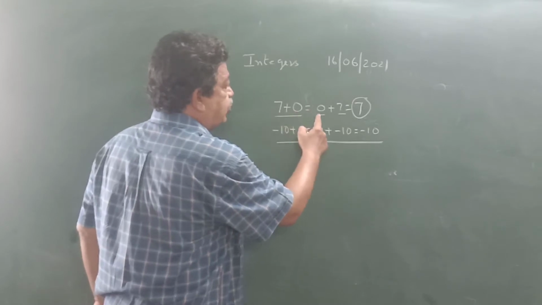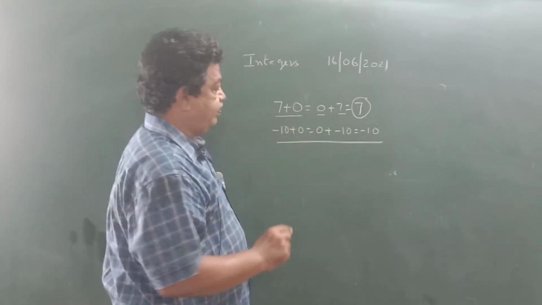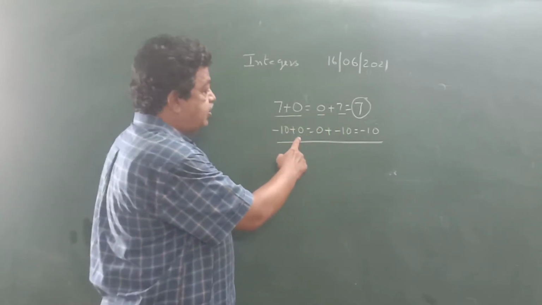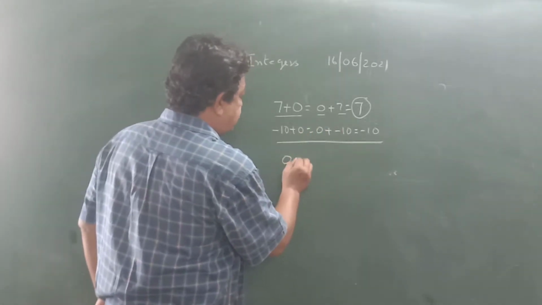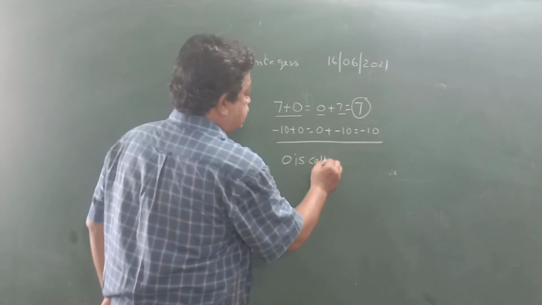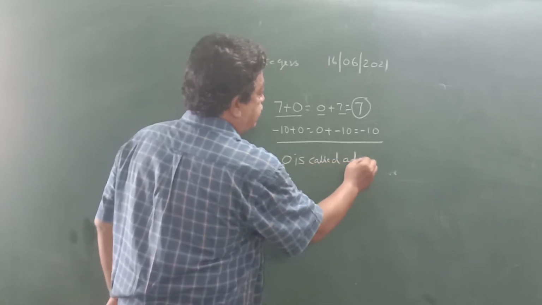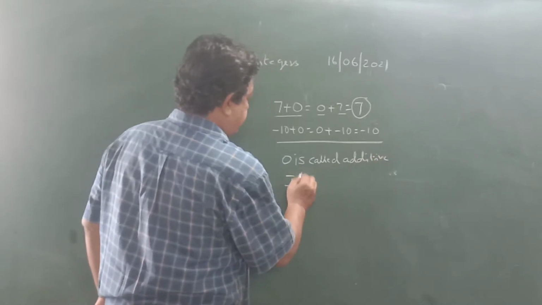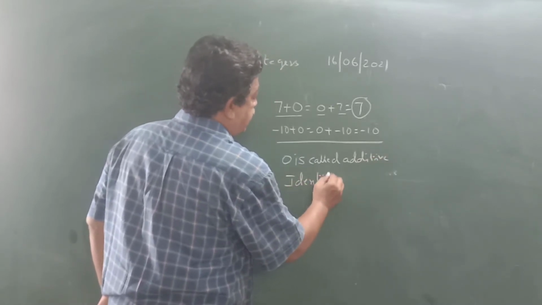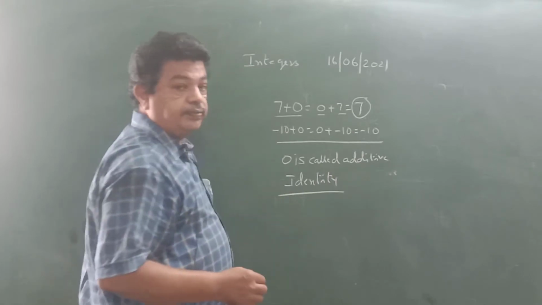Here 7 plus 0 equal to 0 plus 7 equal to 7. Here minus 10 plus 0 equal to 0 plus minus 10 equal to minus 10. 0 is called additive identity.